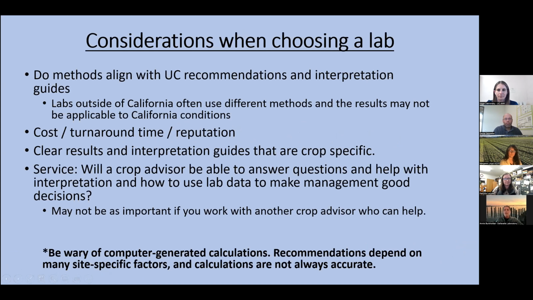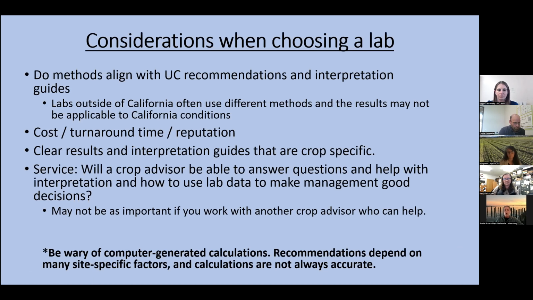All right, so just some things to consider when you're choosing what lab to send your samples to, maybe potential questions to ask a lab that you're considering working with. One of the really important things is just making sure that the methods align with UC recommendations and interpretation guides.